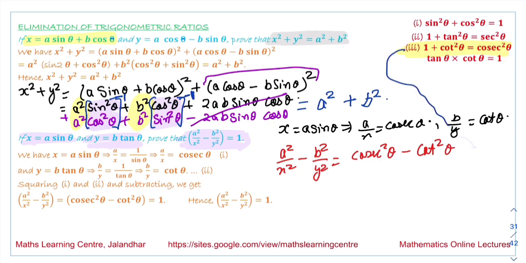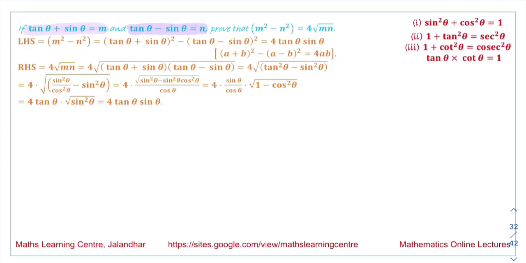By using this third identity, this is equal to 1, and this is what we have to prove. Now the next: if tan theta plus sin theta is equal to m and tan theta minus sin theta is equal to n, we have to prove that m square minus n square is equal to 4 times square root of mn.